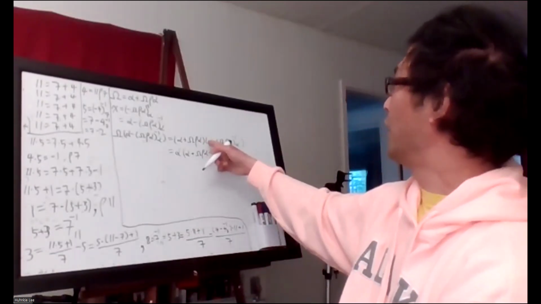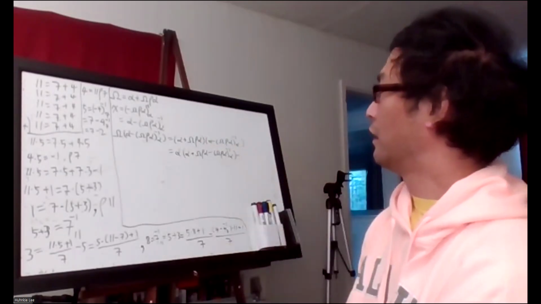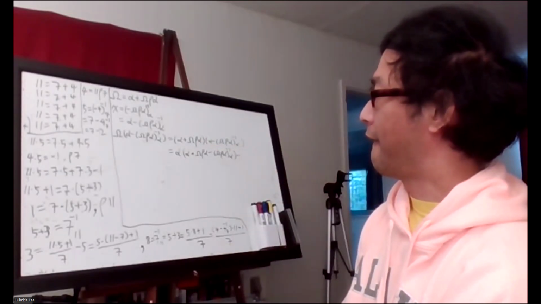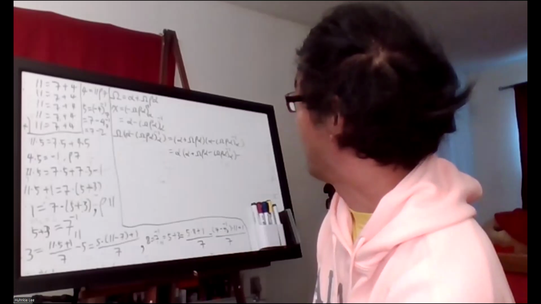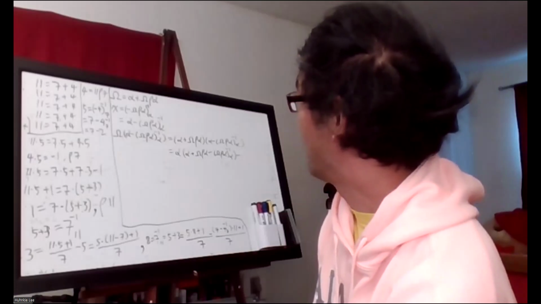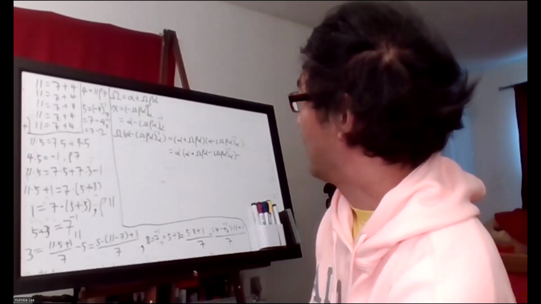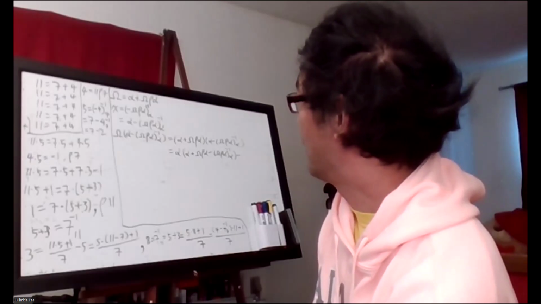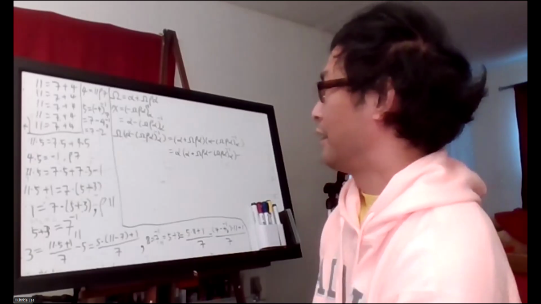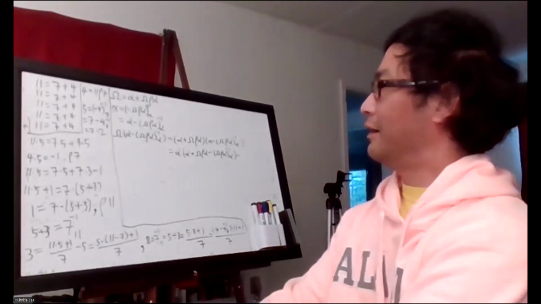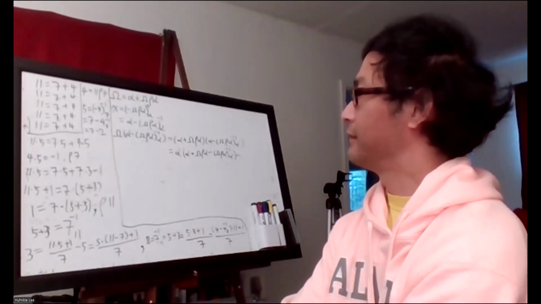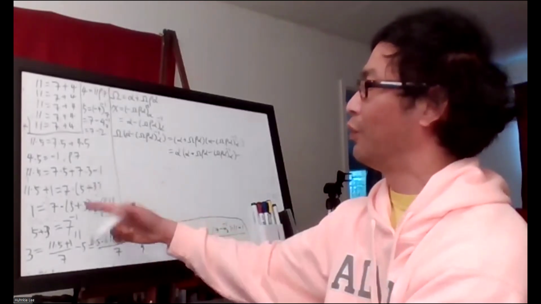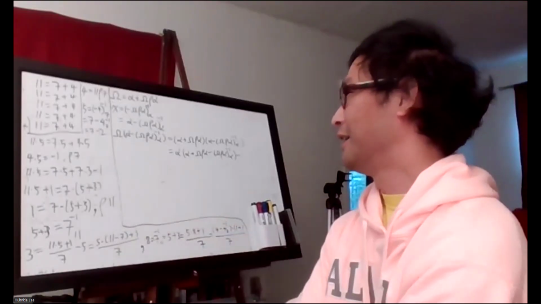So omega rho alpha. Does it become one or one rho seven?